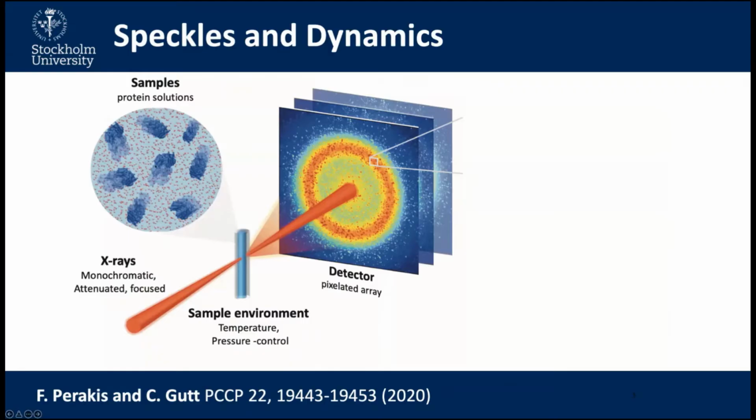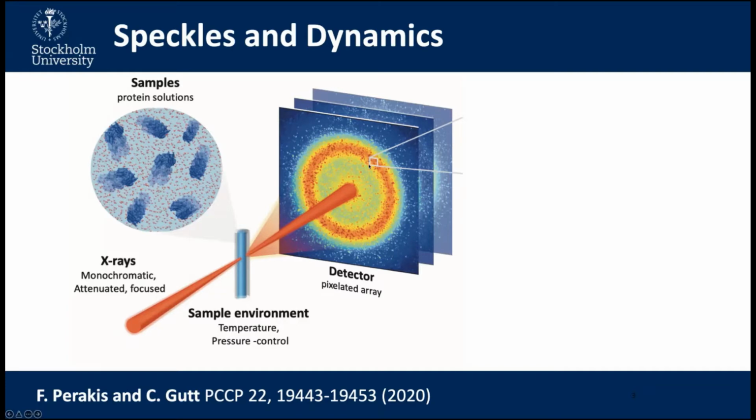So this is, in a nutshell, my presentation. We are using hard X-rays at the European XPCS, looking at protein solutions. And we have a sample environment, and then we have the detector. This is a 2D array detector.